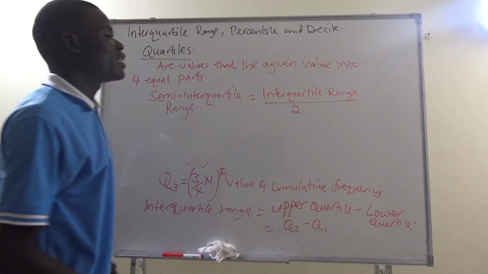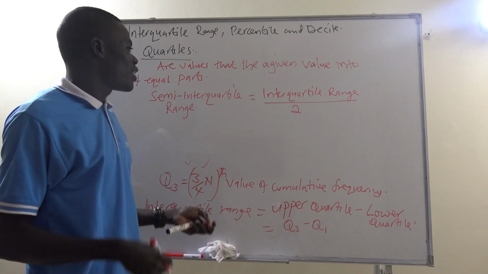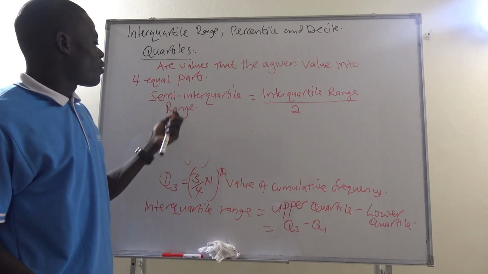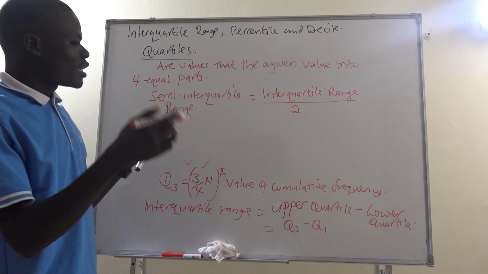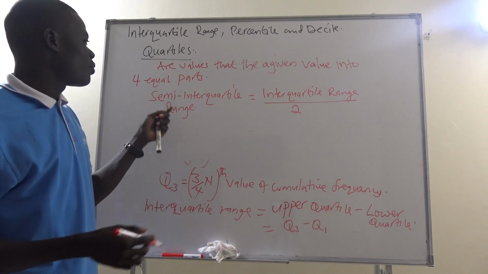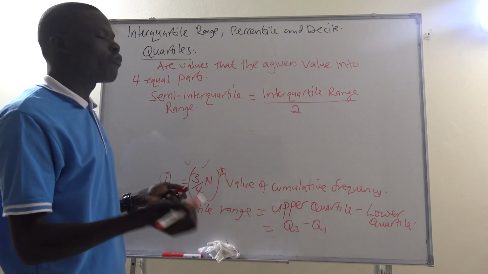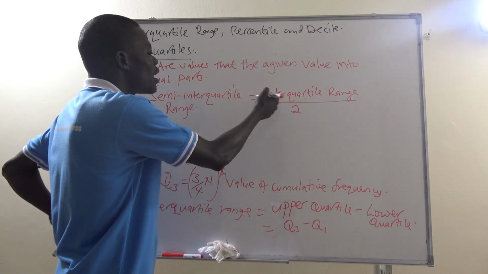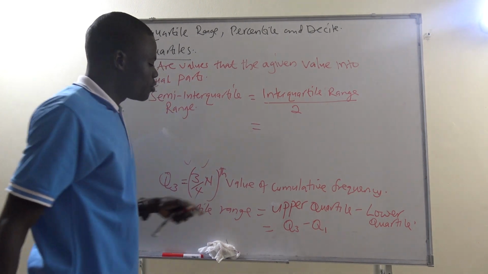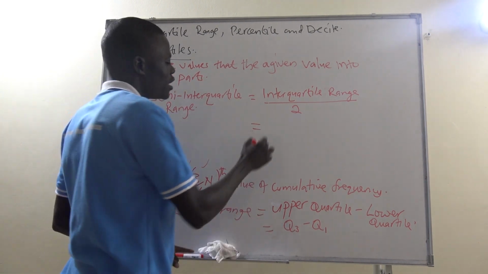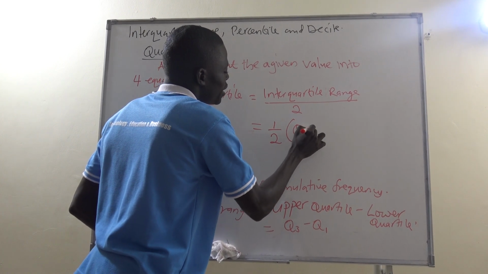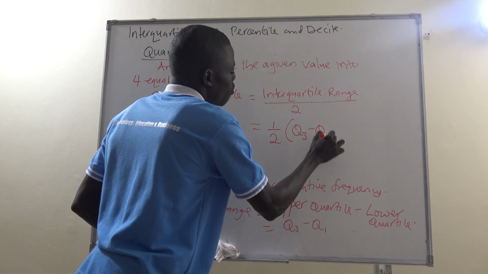From your ordinary level, if you have a circle which is 1 and you get a semicircle, it means half of that circle. So substituting the value of the interquartile range, it becomes half of Q3 minus Q1.